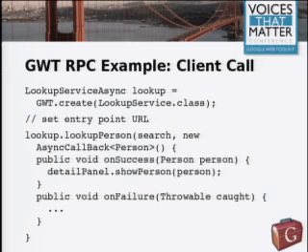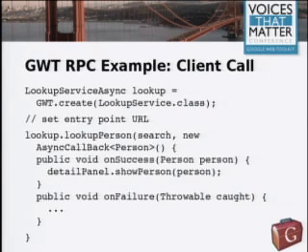In this case, we're using an anonymous inner class, and we declare an onSuccess method that, when it gets called back, receives the person value from the lookup person call, and it does whatever it wants to do with it. In this case, it's calling a show person method on the detail panel. We also have an onFailure callback that can retrieve any exception that was thrown on the server.